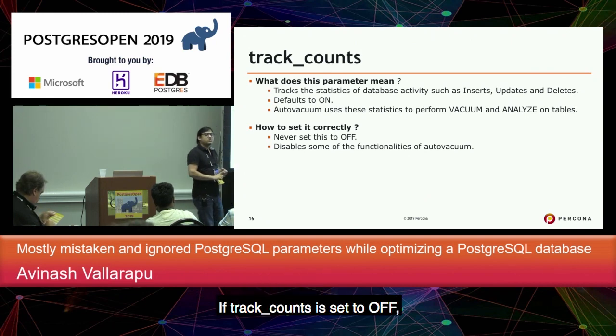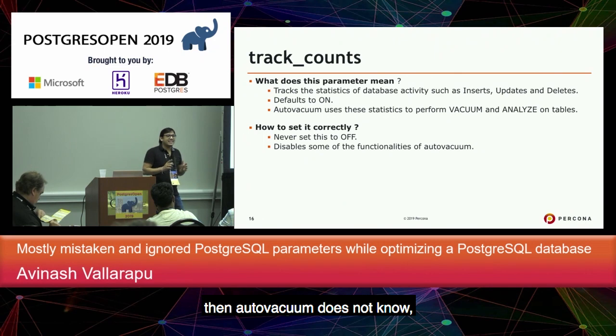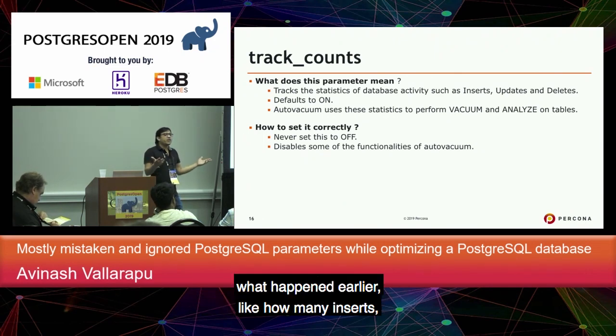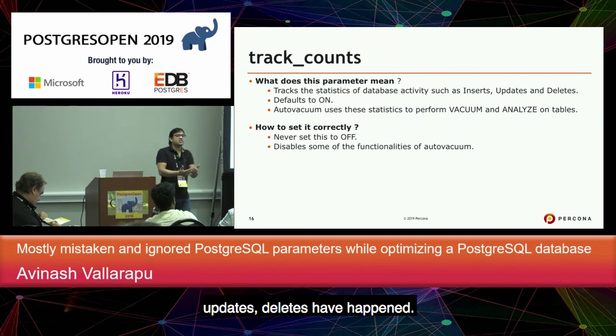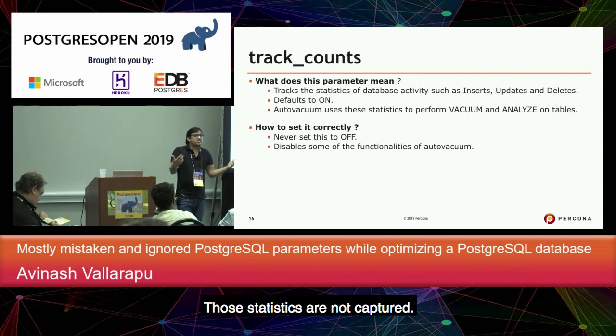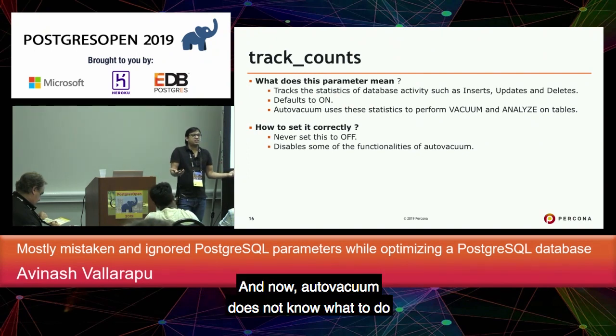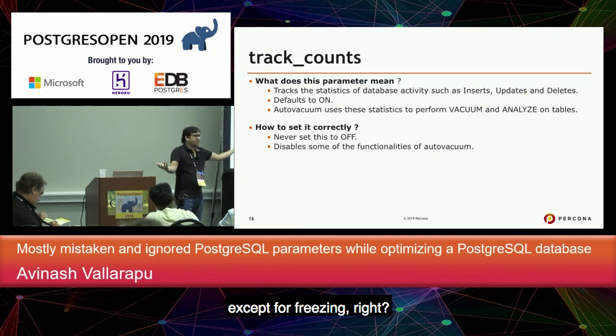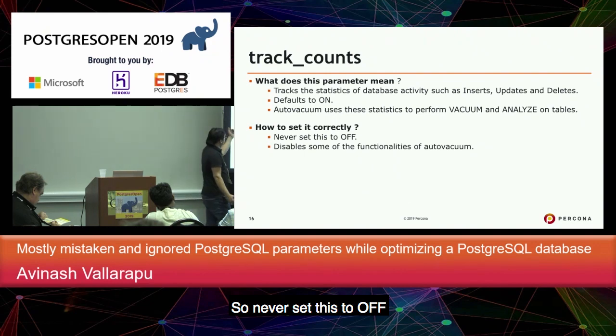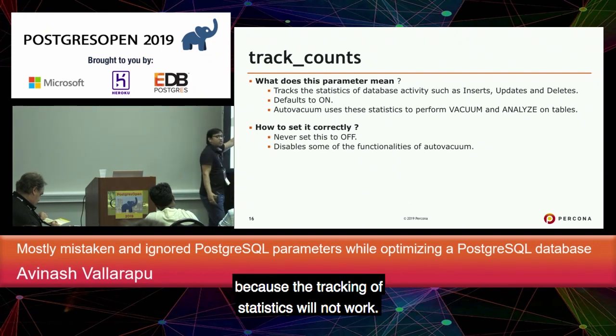If track counts is set to off, then AutoVacuum does not know what happened earlier, like how many inserts, updates, deletes have happened. Those statistics are not captured. And now AutoVacuum does not know what to do except for freezing, right? So never set this to off, because the tracking of statistics will not work.